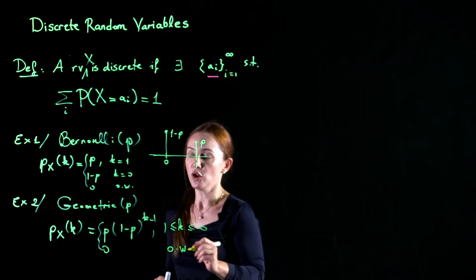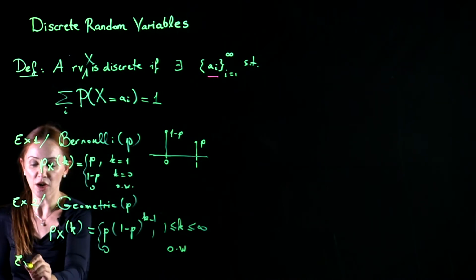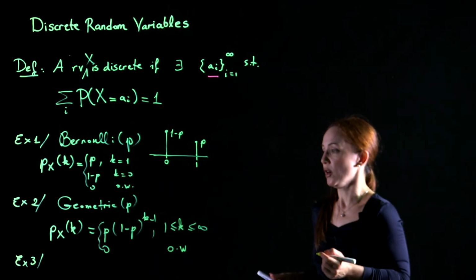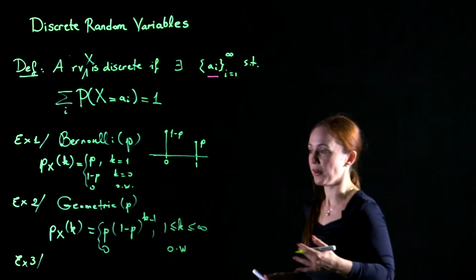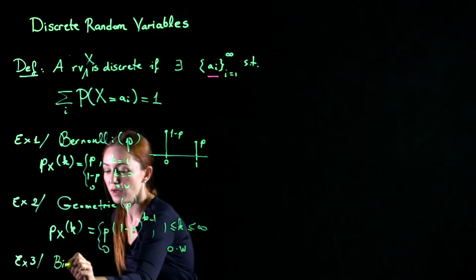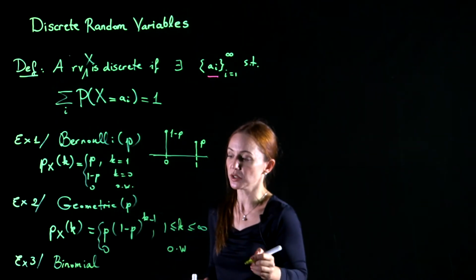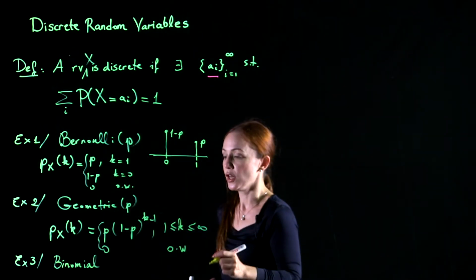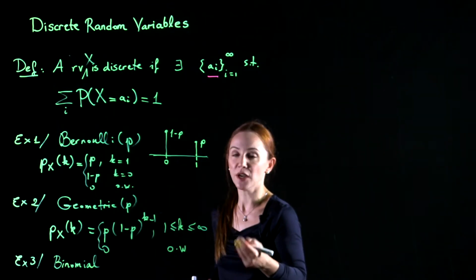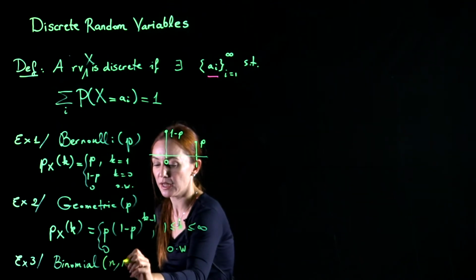Now another very common discrete distribution that is related to the independent trials experiment is the binomial distribution. This comes from counting the total number of successes in a given number of trials. So the binomial distribution has two parameters, n and p.